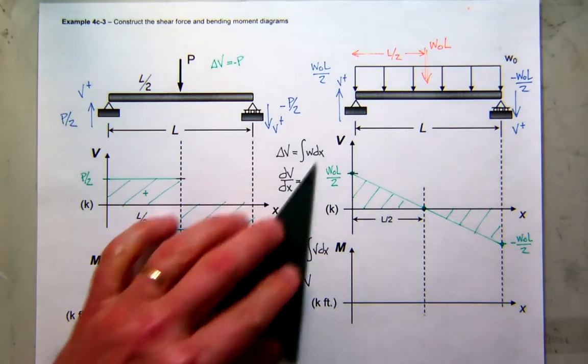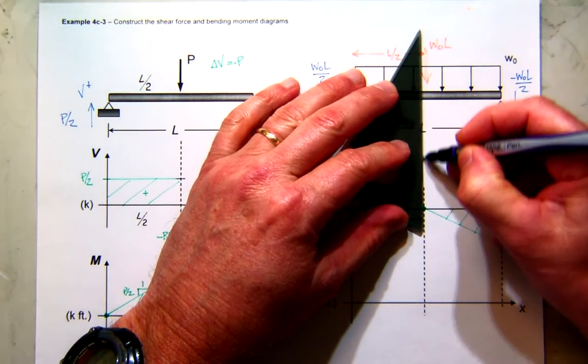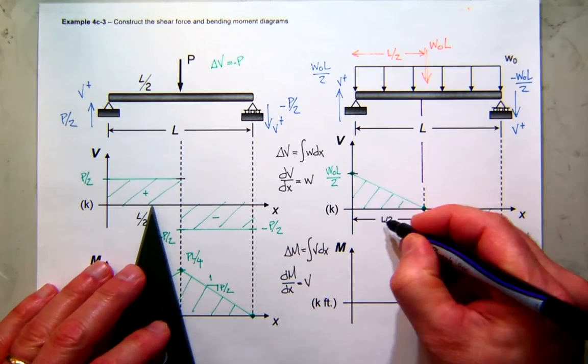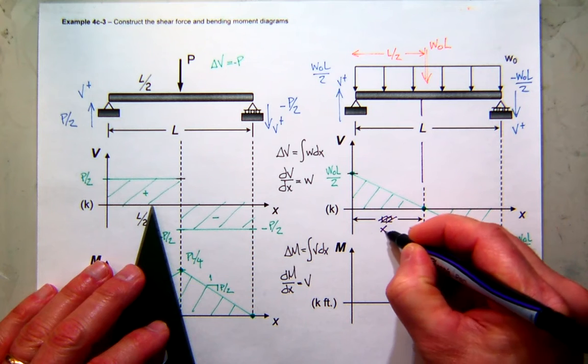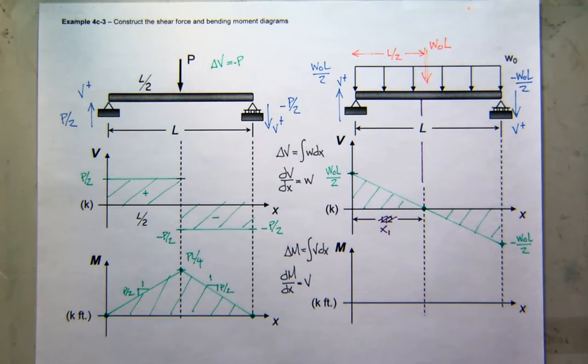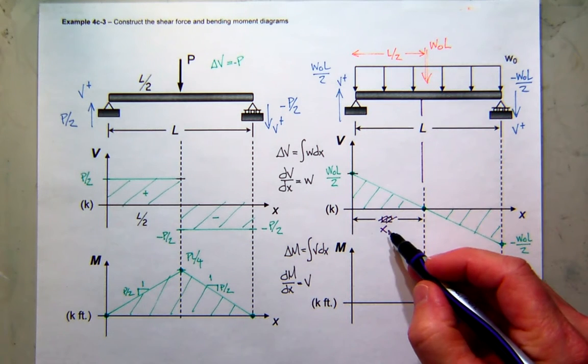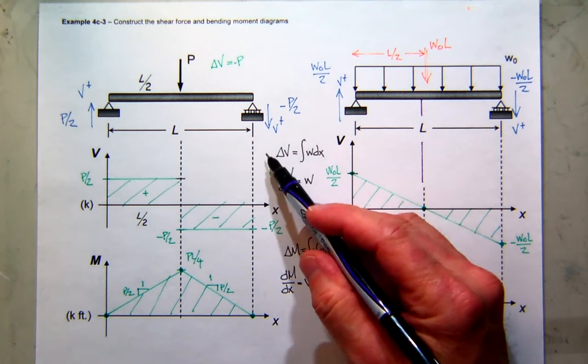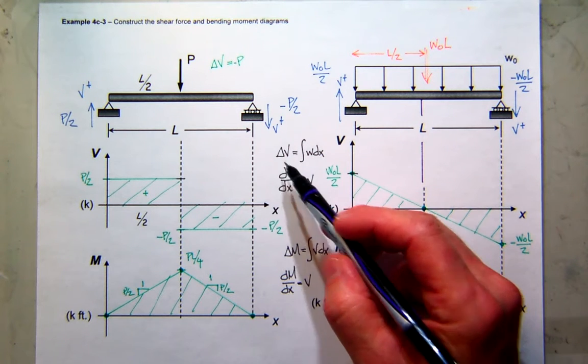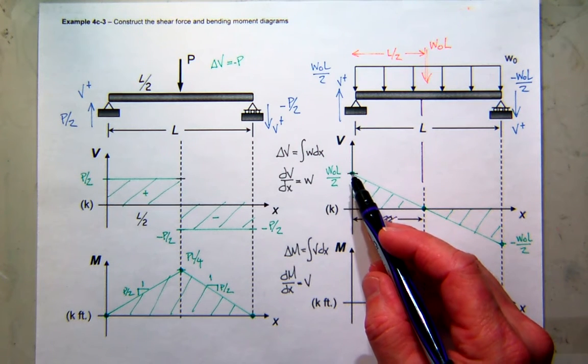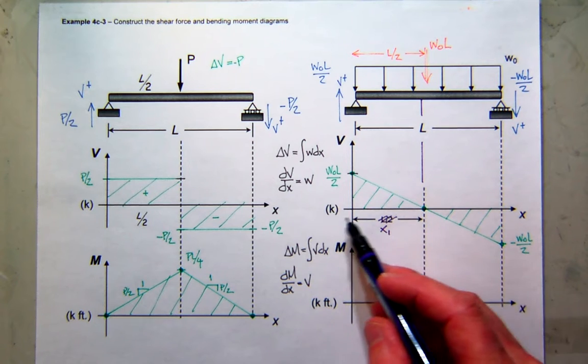Well, this is what I like to do. I like to say, well, I don't really know what that value is. Let's just call it some value x1. How can I find x1? Well, I can use my strategy here. Over this range, what's the change in my shear?